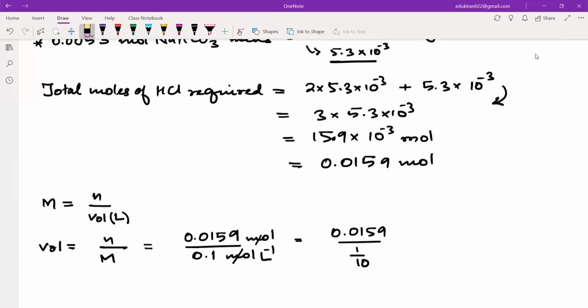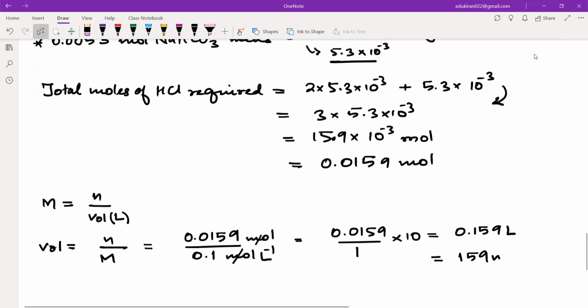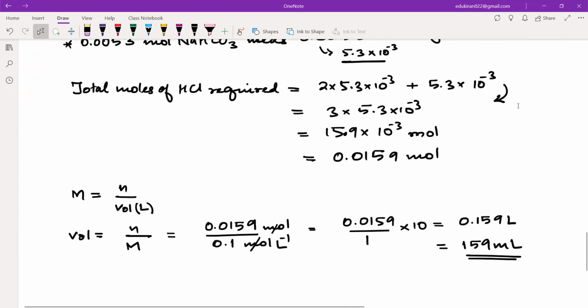This 10 can go above, and you will be getting 0.159 liters. Now this will be equal to 159 milliliters. Is that right? Any doubt till here?